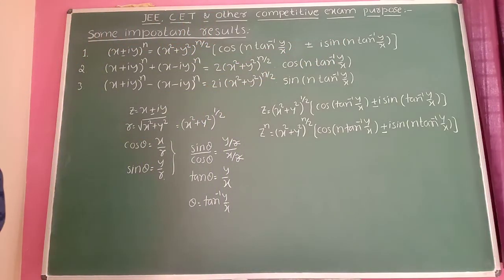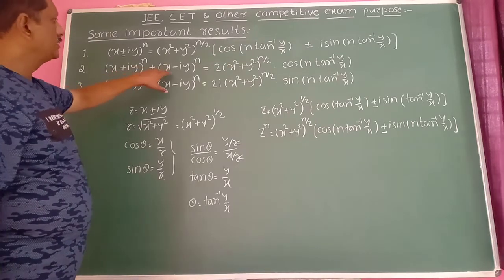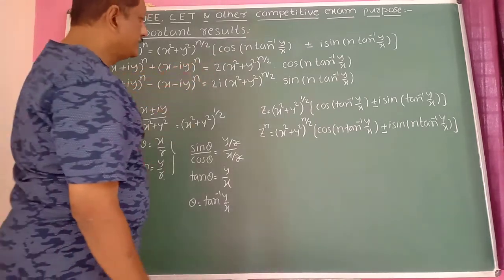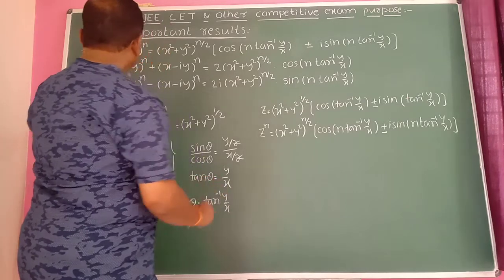Okay. Next, the sum of these complex numbers is this here. Just observe here. Suppose z equal to x plus i y.